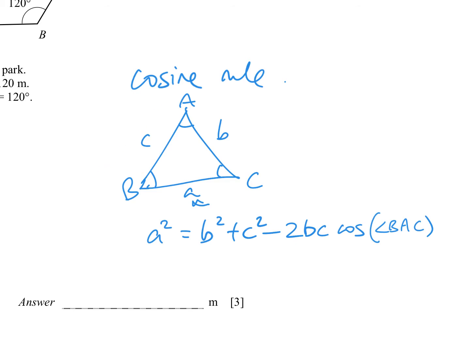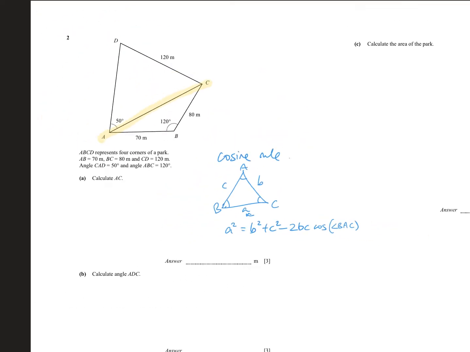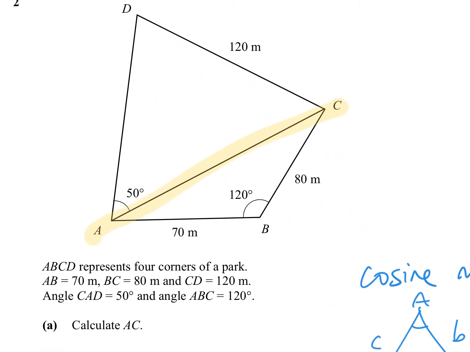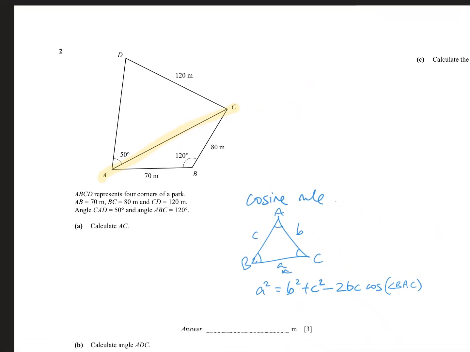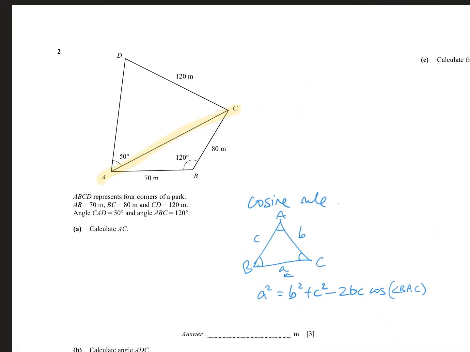And when we apply this, let me just keep both in the picture, what we can see is that this length, which is now my a squared, equals this length b squared plus c squared minus 2 times b times c times cosine the angle in between.